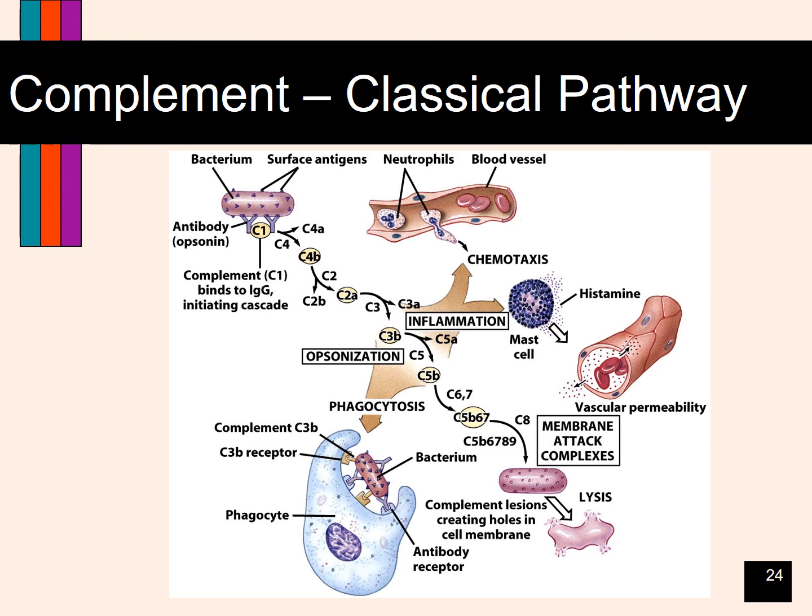And then C5b binds to C6, C7, C8, and a bunch of C9 to create these membrane attack complexes or C9 complement lesions. And that would cause cytolysis.